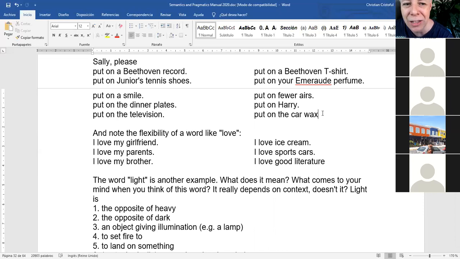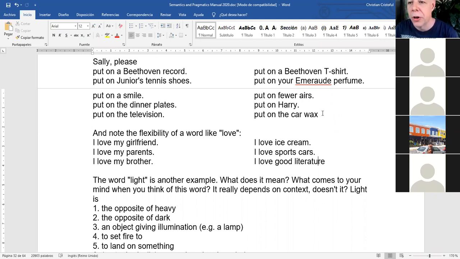Put on a smile is very different from put on the television. What does put on the television mean? It means turn it on. What does put on a Beethoven record mean? It doesn't mean turn on the record. It means put the record in the record player, that doesn't exist anymore. But it used to mean that. Okay.